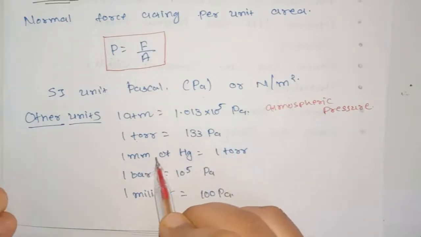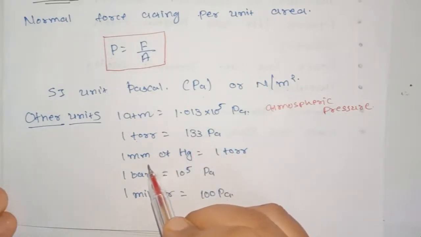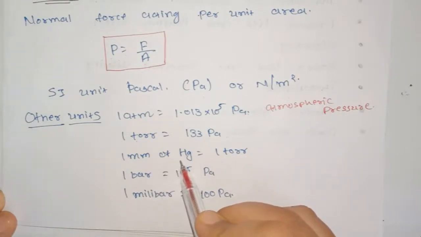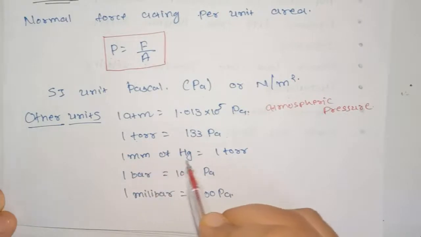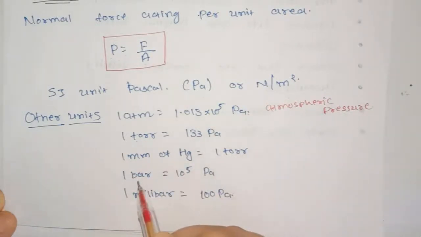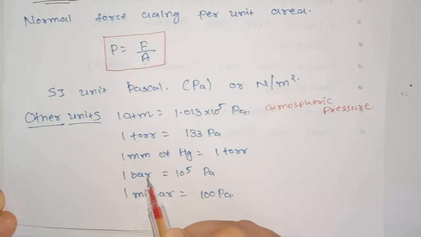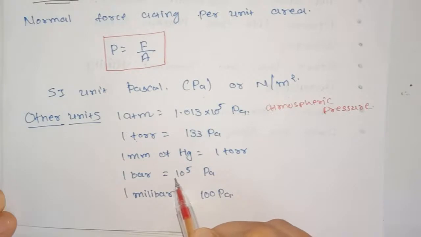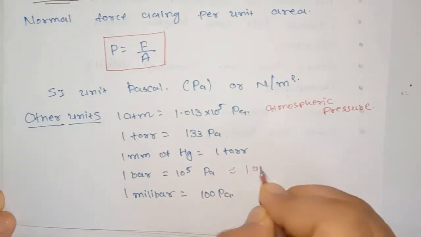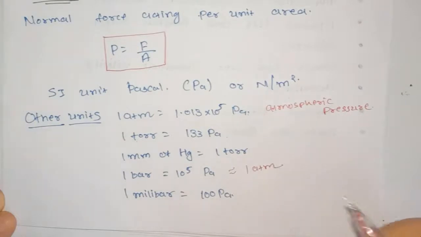The atmospheric pressure is also measured as the length of the mercury column, that is 1 mm of Hg is equal to 1 torr. The other unit for atmospheric pressure is 1 bar is equal to 10 power 5 Pascal, nearly equal to 1 atm, and 1 millibar is equal to 100 Pascal.